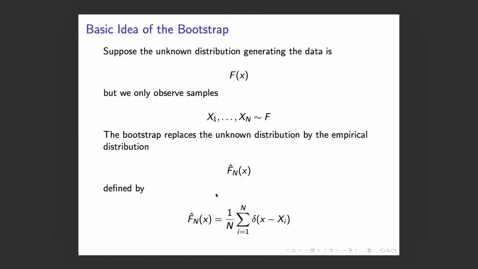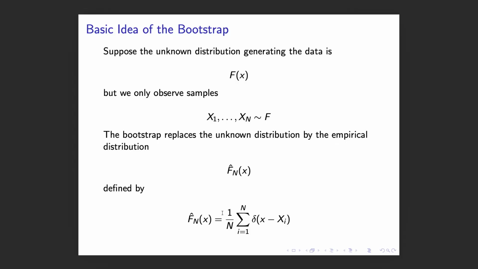The idea behind the bootstrap, which we discussed a little bit last week, is that we have an unknown distribution. We don't know the distribution, but we only observe the samples. The bootstrap replaces the unknown distribution by an empirical distribution, which is then defined by a delta function. So that means that your probability is 1 over n, essentially.